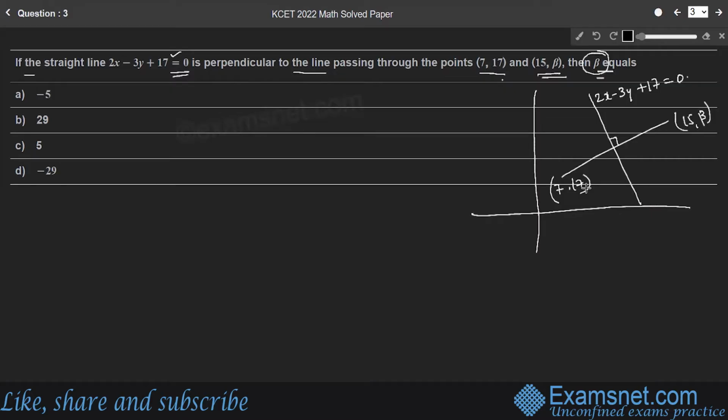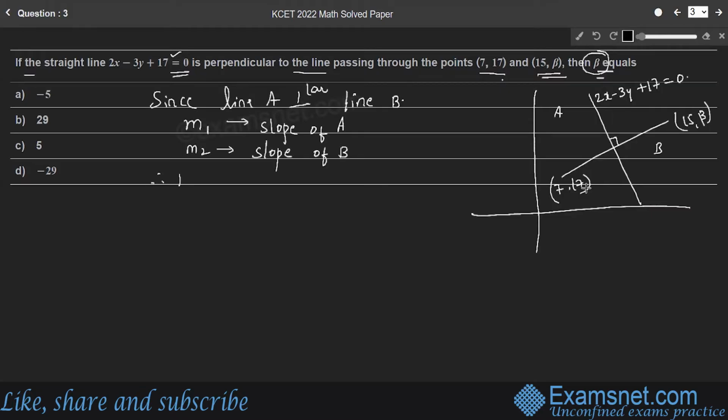So we'll consider two lines as line A and line B. Since line A is perpendicular to line B, the product of their slopes, we'll consider M1 as slope of the first line, slope of A, and M2 as slope of B. Then M1 into M2 is always equal to minus 1.